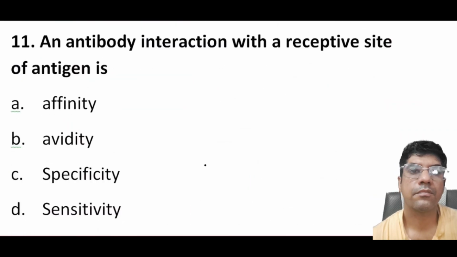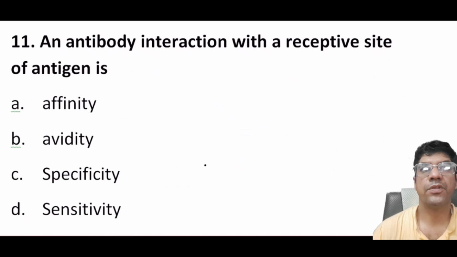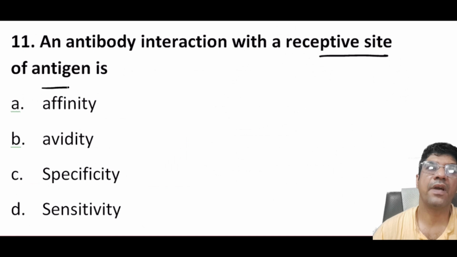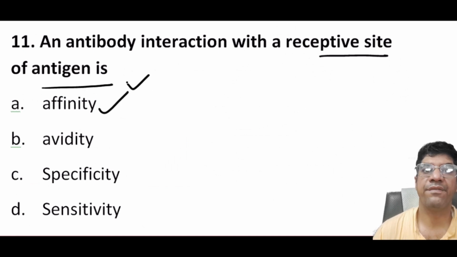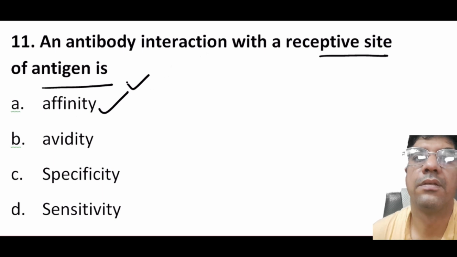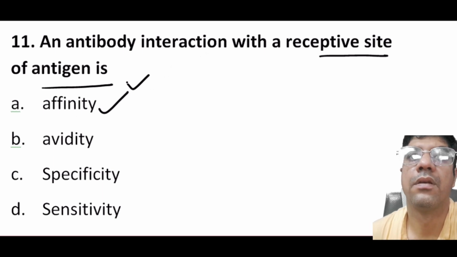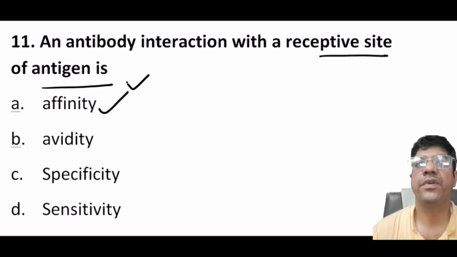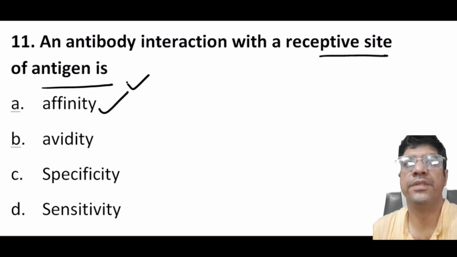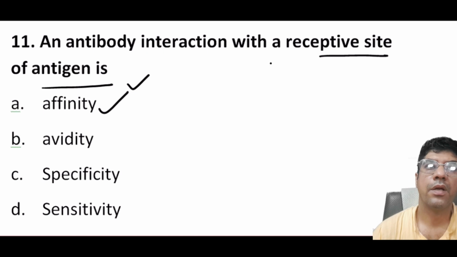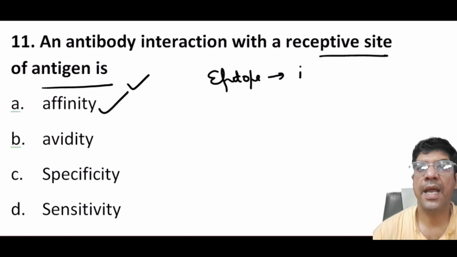Coming to the next question, the antibody interaction with the receptive site of antigen is known as, the answer is affinity. First of all, you should know what an epitope is. Epitope, we know, is an antigenic determinant.